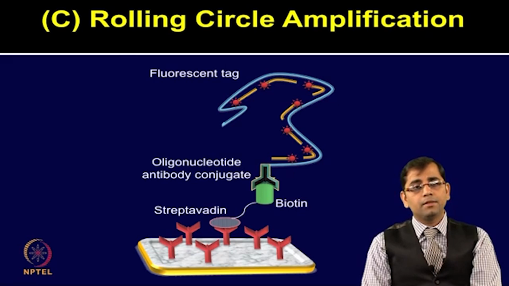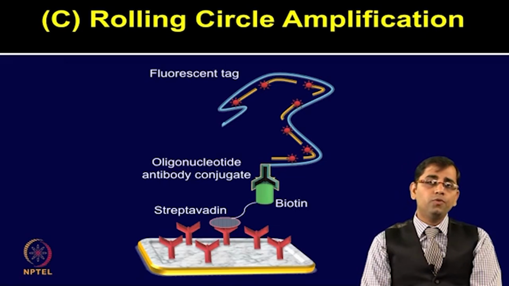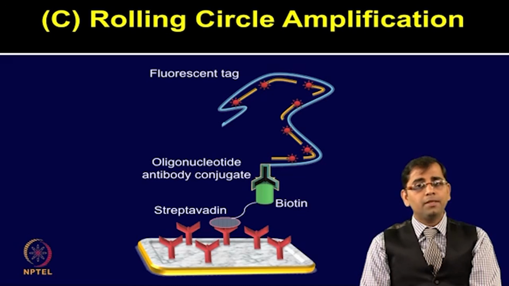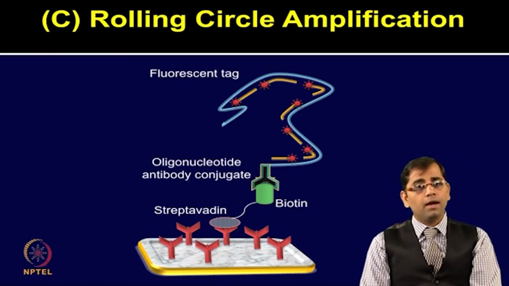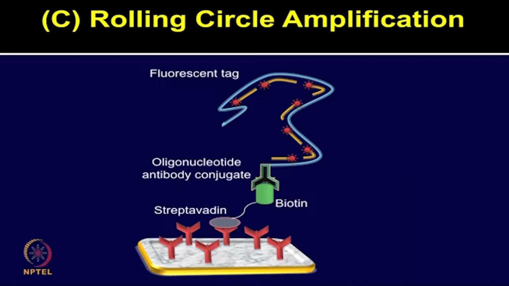This is then detected by an oligonucleotide linked anti-biotin antibody as shown in this slide. The two-color RCA method has also been used for detection of various labeled proteins from serum samples that are captured on antibody microarrays. RCA method produces 30-fold higher fluorescence as compared to direct or indirect fluorescence labeling approaches.